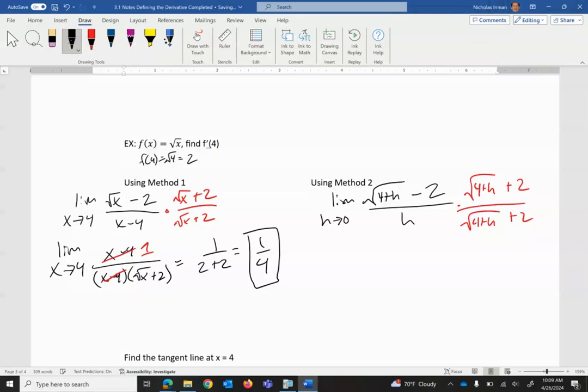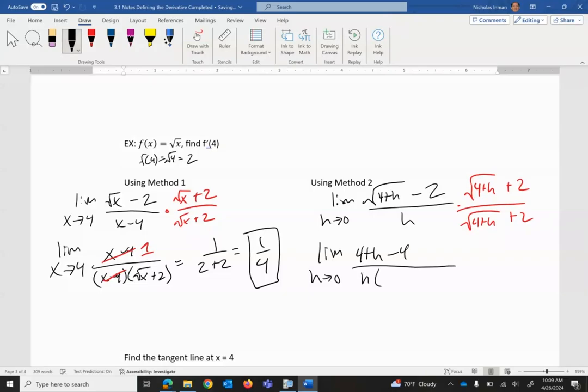The square root of 4 plus h times the square root of 4 plus h is 4 plus h. Square root of 4 plus h times 2, 2 square root of 4 plus h, minus 2 times the square root of 4 plus h, minus 2 square root of 4 plus h, so those would cancel. Negative 2 times 2 is minus 4.